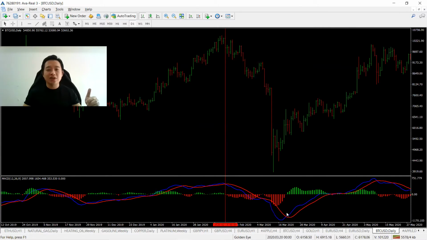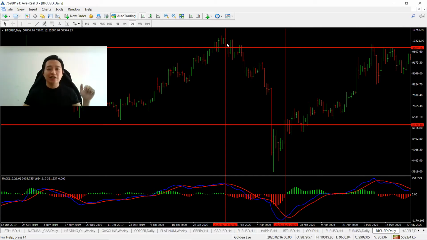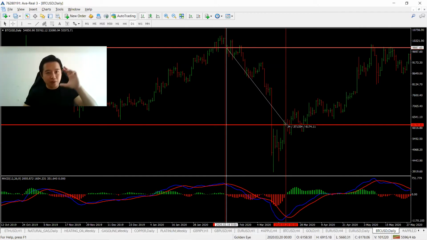And the moment it crosses back up, closes and closes beyond it, we go for the buy. So at the sell, which is here, we went for the sell, and at the moment it crosses back, we got out, which is here. The distance from here to here is the profit.